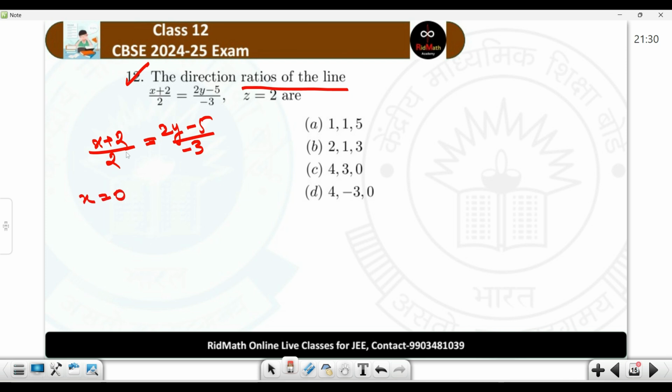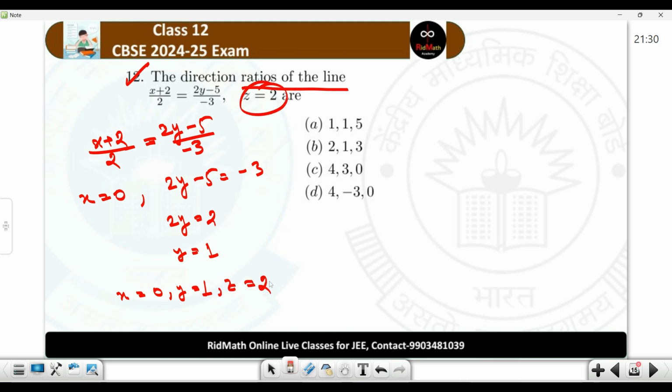Then 2y minus 5 equals minus 3. So that means 2y equals 2 and y equals 1. So x equals 0, y equals 1, and here z is equal to 2. This is always, z will remain 2.